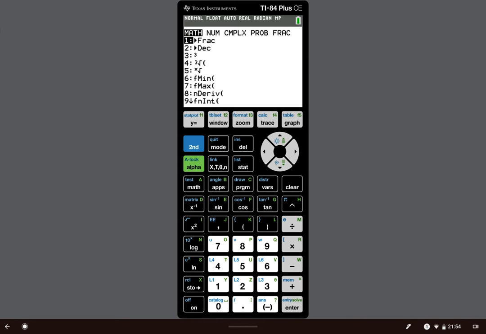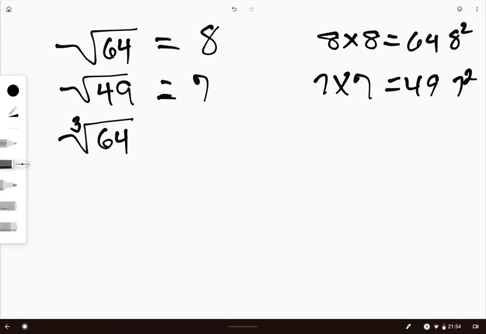So press that math key, and then just use your cursor buttons and key down to where you see the 3 outside the radical. Press enter, and then type the number 64, and press enter, and you get the number 4. And what that tells you is the cube root of 64 is 4, or 4 times 4 times 4 equals 64.